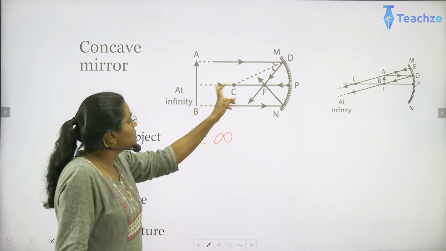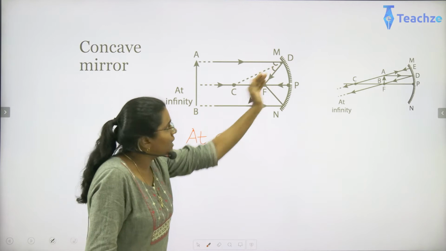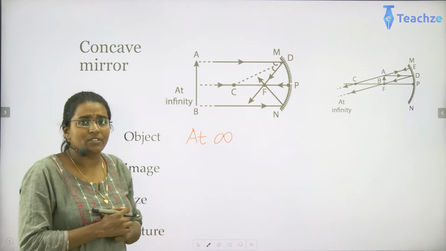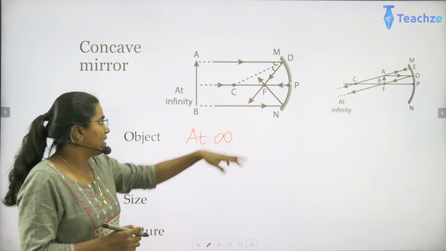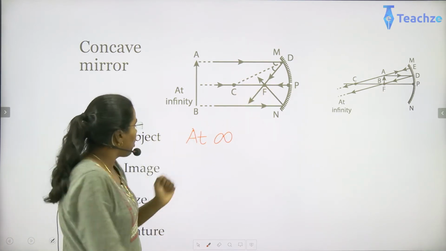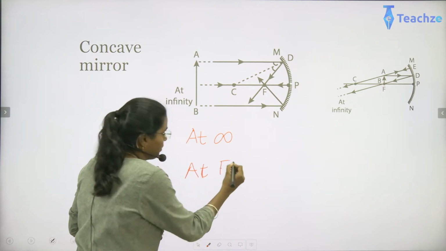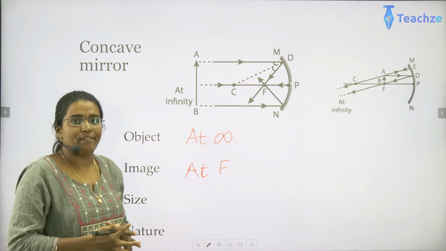When the rays are parallel to the principal axis, what happens after the reflection? Good, it goes through F, the focus. So my image is forming at F.